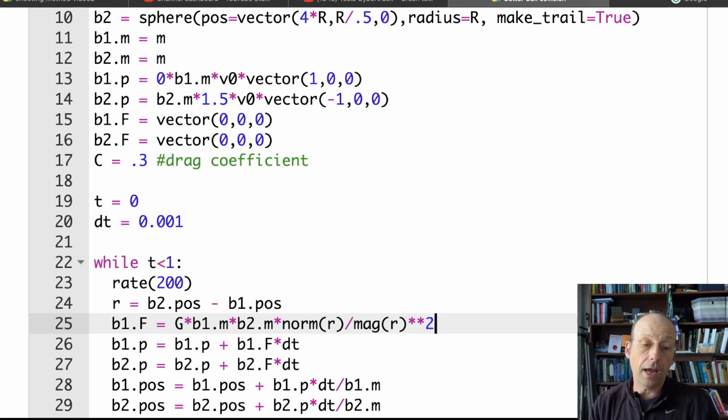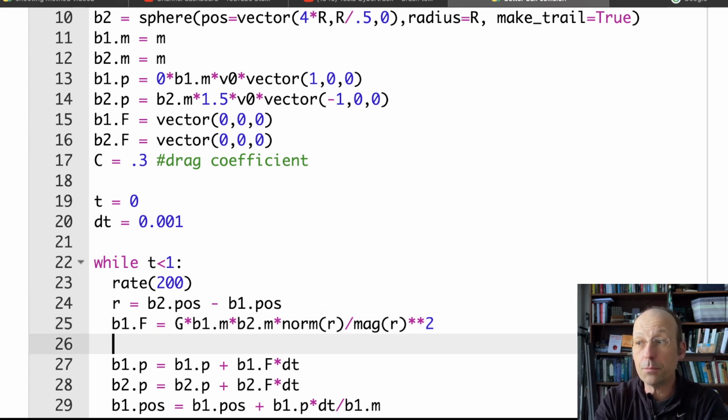And so this is the force on 1, right? If I have the vector going from 1 to 2, that's the same direction as my force, so I don't need to put a negative sign there. I need to put the negative sign for B2.F. It's going to be the same thing but negative.